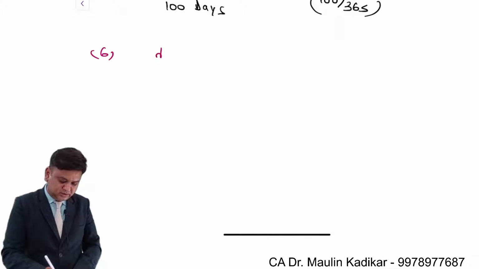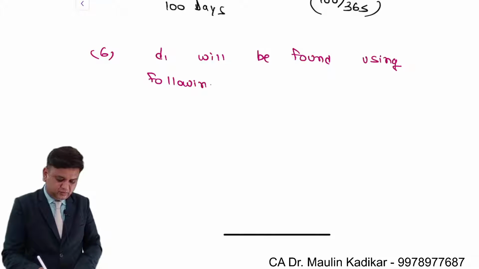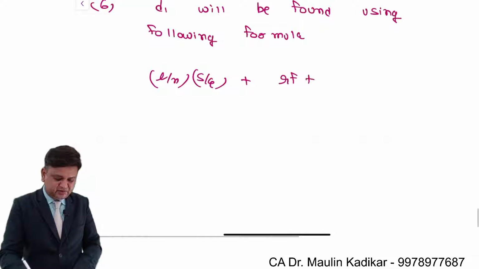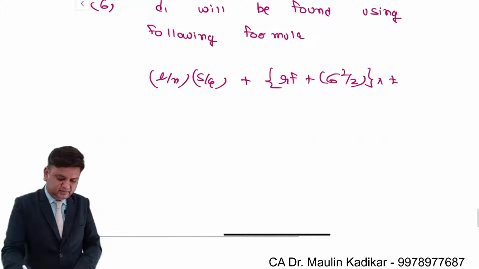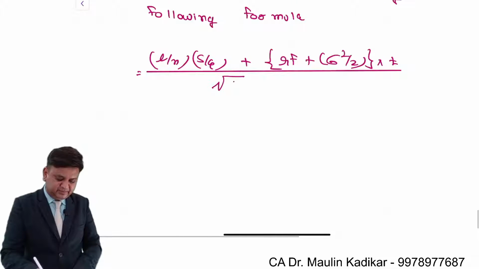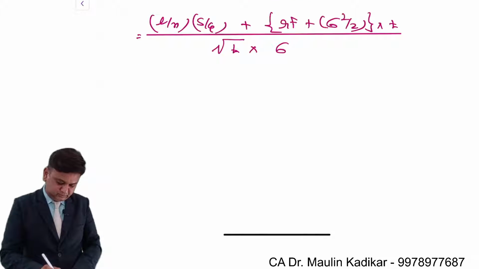Sixth point, D1 will be found using the following formula: Ln S divided by E plus Rf plus variance divided by 2, whole into T, divided by under root of time period into standard deviation.